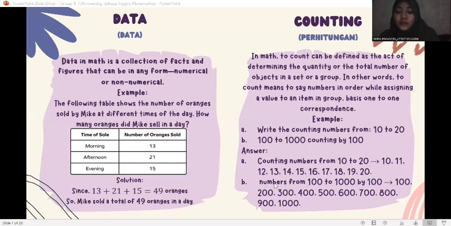For B, the numbers from 100 to 1000 by 100 equals 100, 200, 300, 400, 500, 600, 700, 800, 900, and 1000.